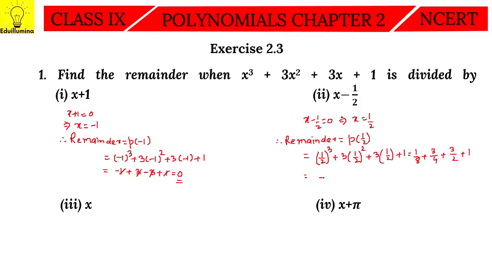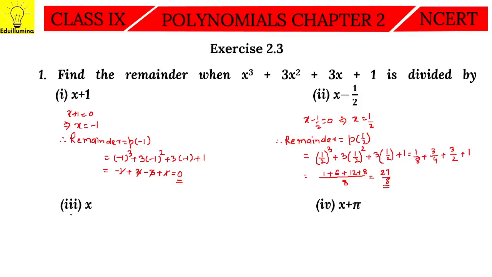Now taking LCM as 8, so we get 1 plus 6 plus 12 and plus 8. So from here it will be equal to 27 by 8. So therefore the remainder is 27 by 8.